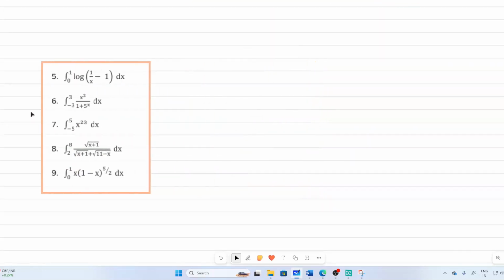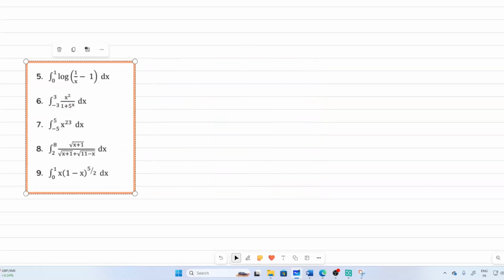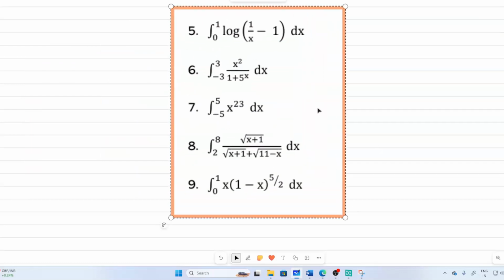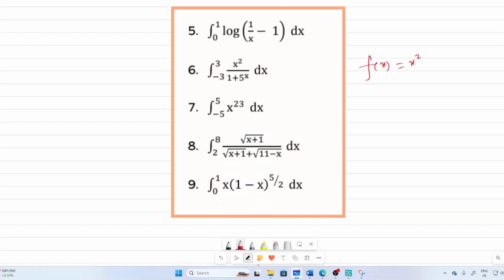Next problem, number 7. You see, this one is an odd function. For an odd function, what is the property? x to the power 23 is an odd function. If you take f(x) equal to x to the power 23, f of minus x is minus x to the power 23.